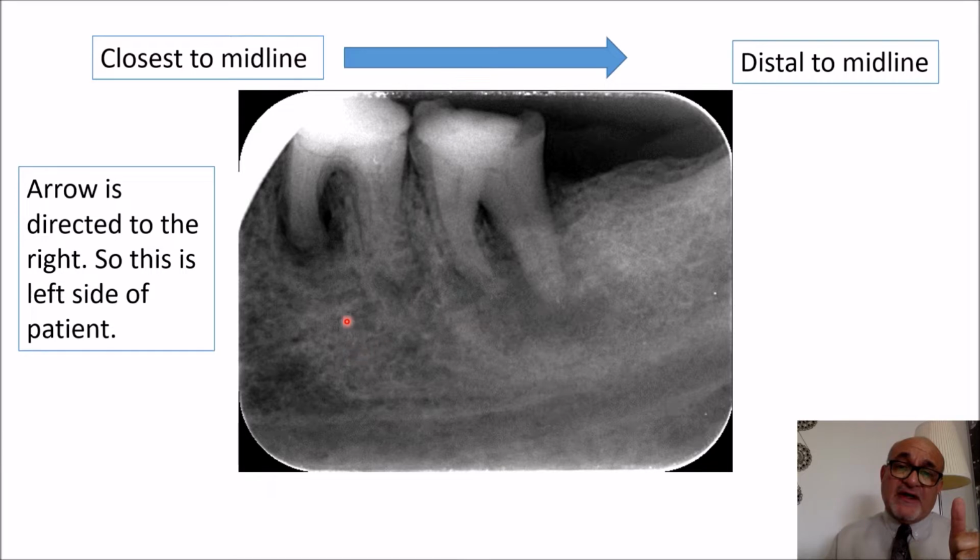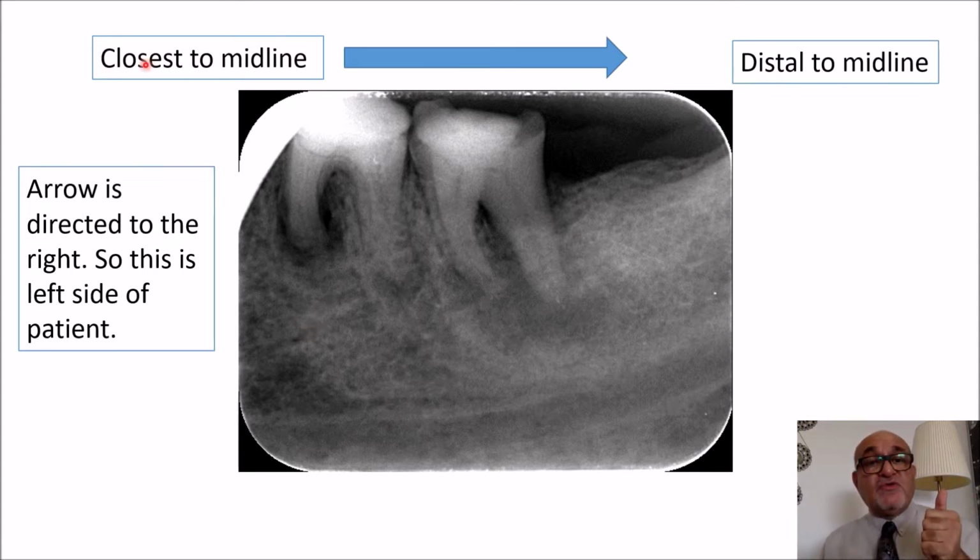If you have a closer look, the trabecules, which is typical in the mandible, run horizontally, parallel to the inferior border of the mandible. And if we look back here, we will see the external oblique ridge. So this definitely belongs to the mandible. And if you look at the teeth, you will see that these are two rooted teeth. So this is for the mandible.